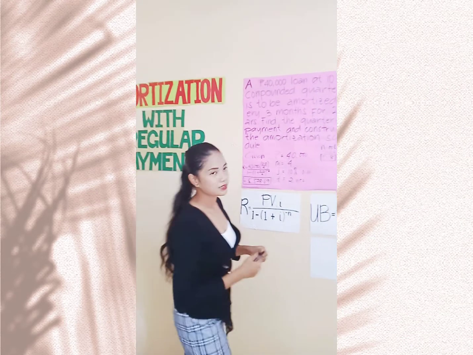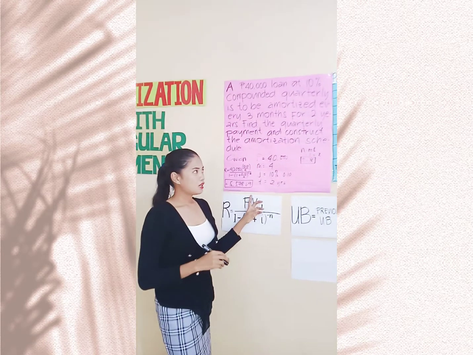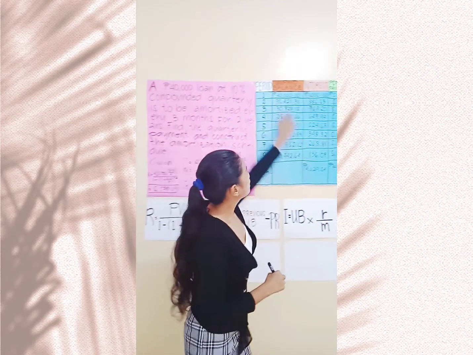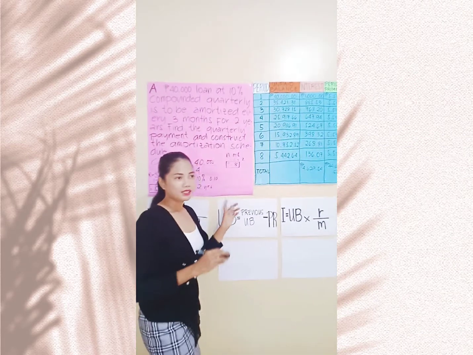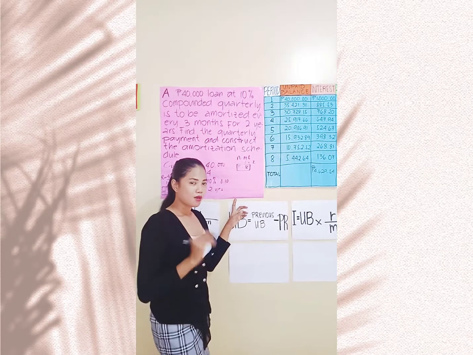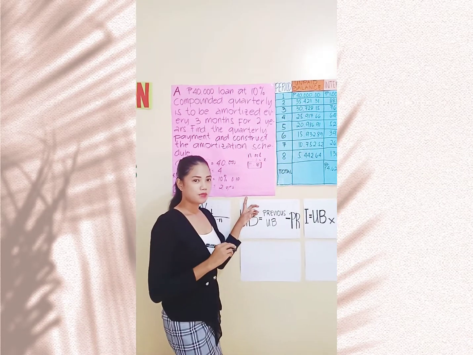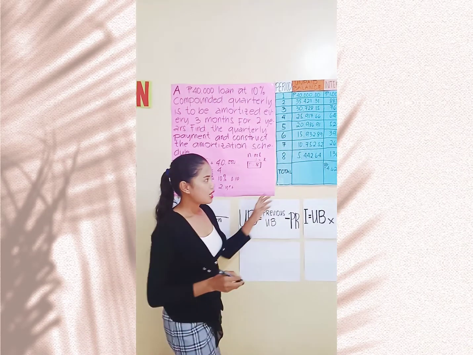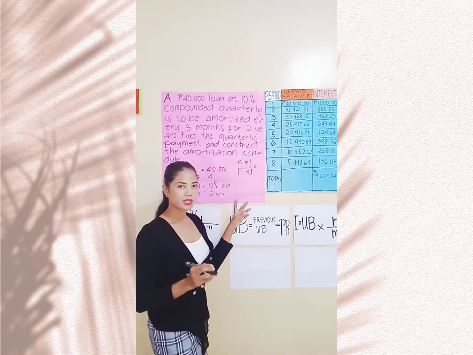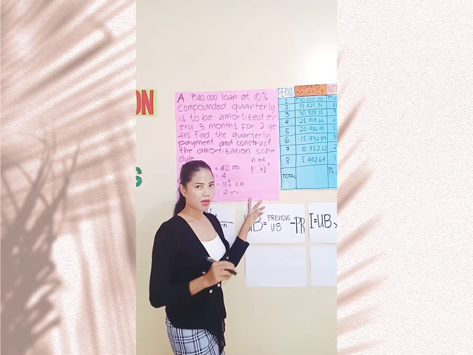So next, we'll proceed to the amortization schedule. An amortization schedule is a table that shows each repayment broken down into the principal and the interest, as well as the remaining liabilities on the outstanding principal after each payment.